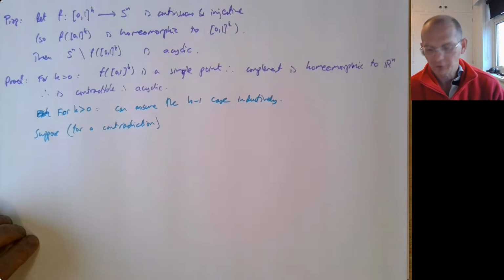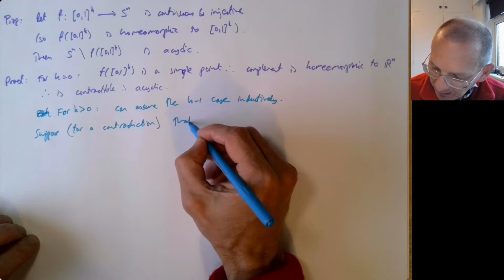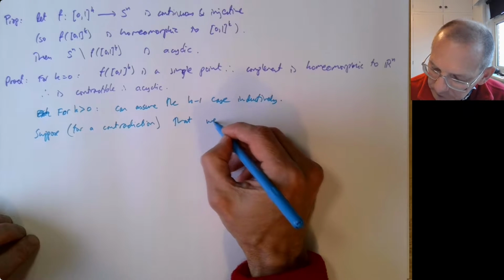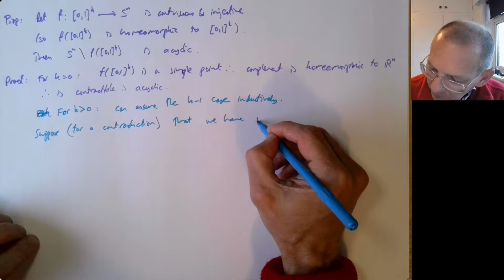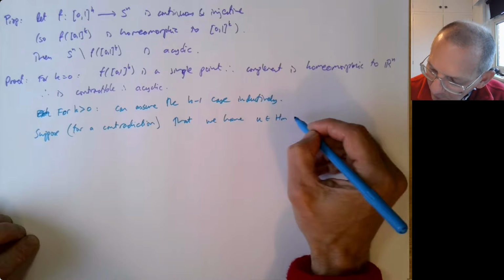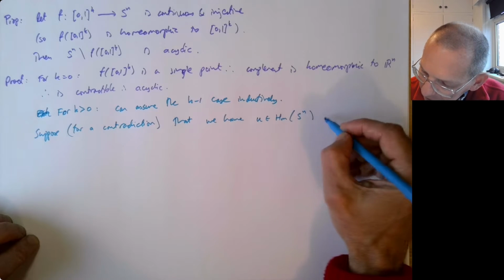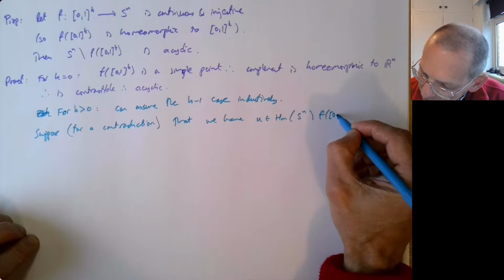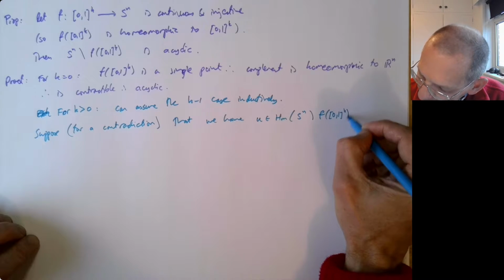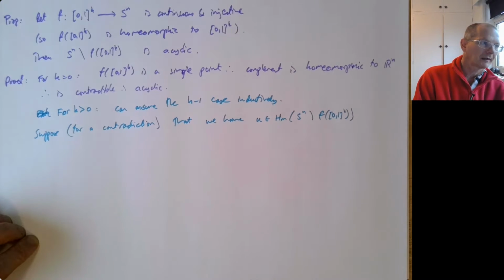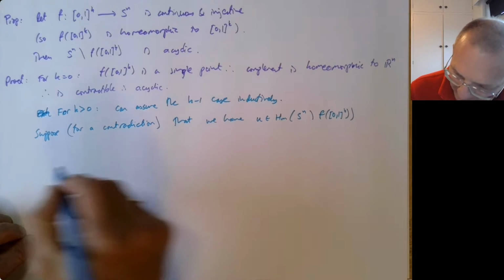Let's suppose for a contradiction that we've got some class in the homology of this complement.